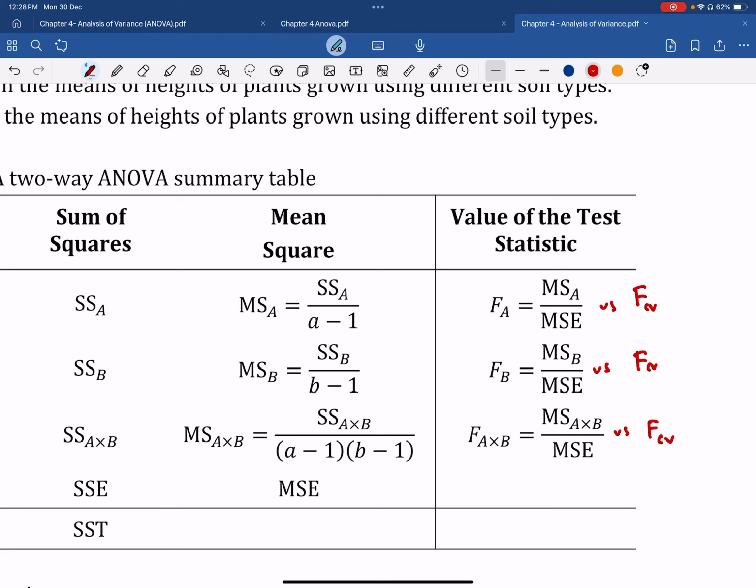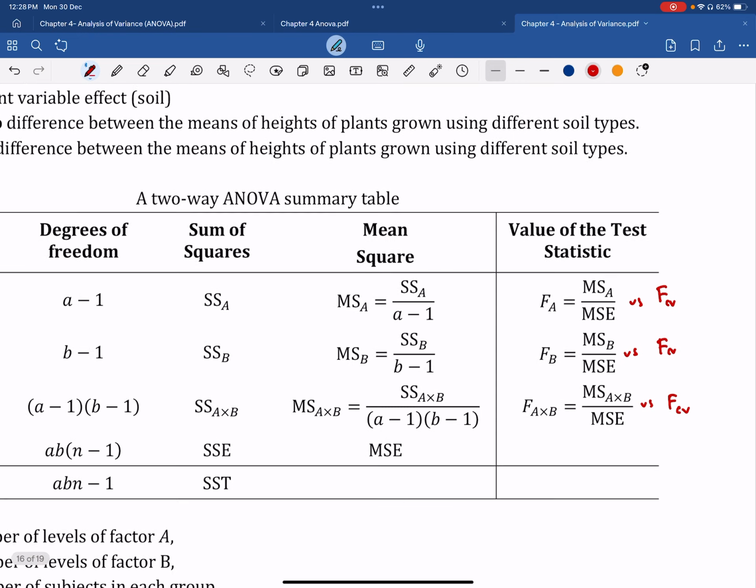But depending on your levels, there will be a different degree of freedom for each of your FCV. So you might have the same FCV or you might have different FCV. So how do you know?